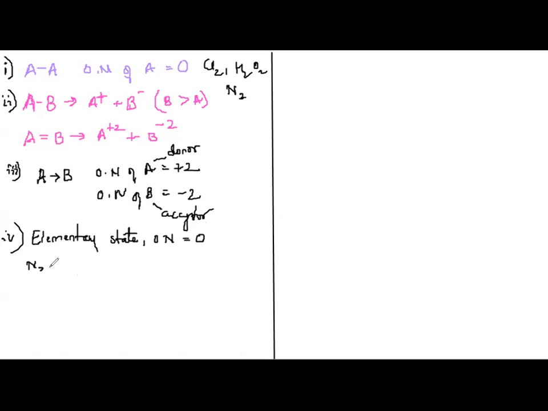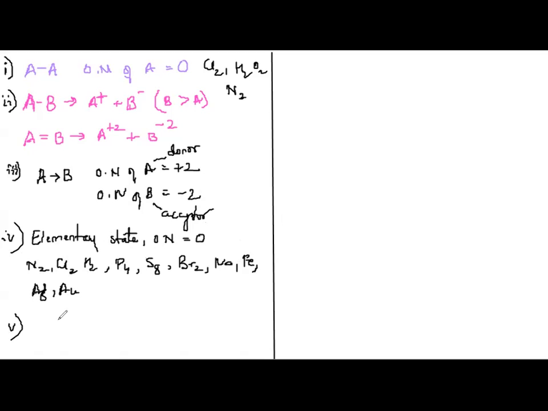You take N2, Cl2, H2, P4, S8 (sulfur elementary state), Br2, sodium, iron, gold, silver. So all of these are elementary states, and if they are present, then the oxidation number is 0.